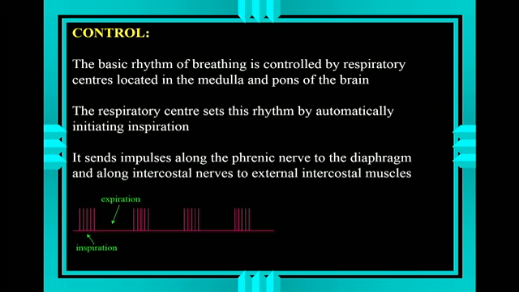Now, if that basic pattern of activity does not meet your set points of pH, partial pressure of carbon dioxide and partial pressure of oxygen, you need to modify that pattern. So what options do we have?